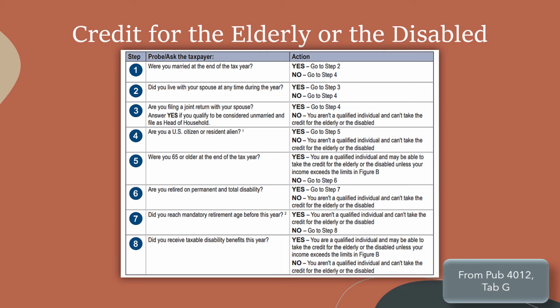And then they need to have reached the mandatory retirement age before this year, and that is determined by their employer. And then did they receive any taxable disability benefits, if they were disabled, taking this credit because they're disabled and not because they're elderly?